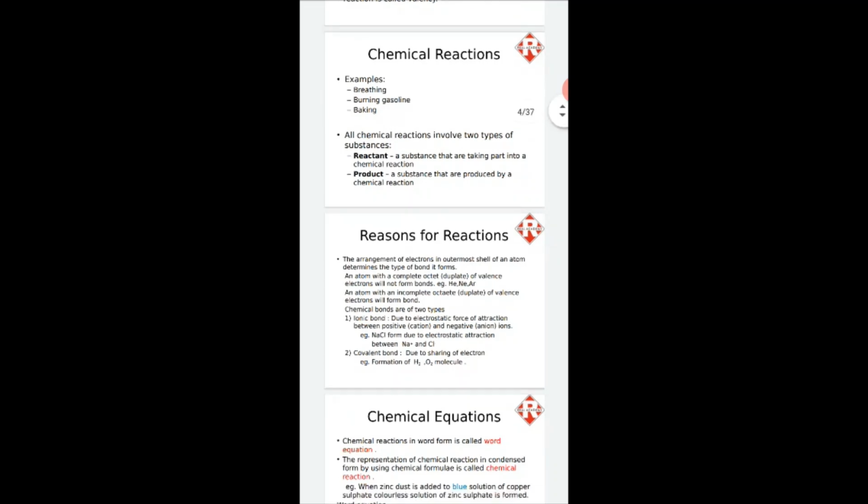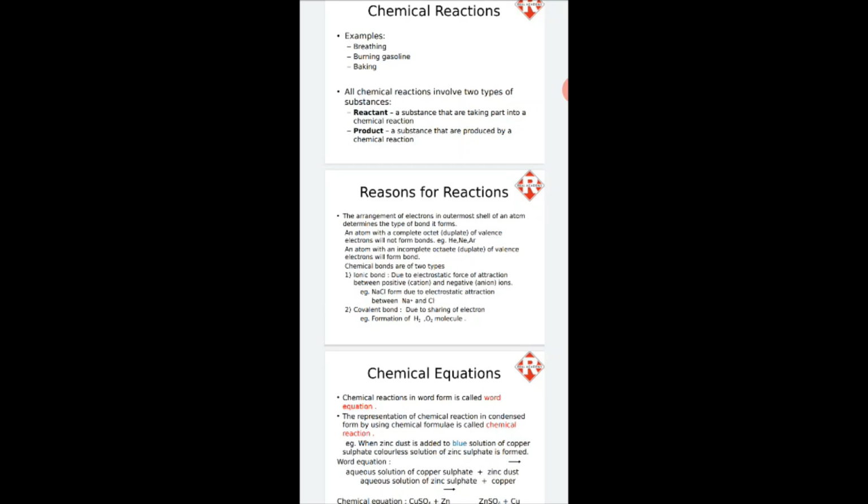All chemical reactions involve two types of substances, reactant and product. Reactant means a substance which takes part in the chemical reaction. The definition given here is a substance that takes part in chemical reactions.